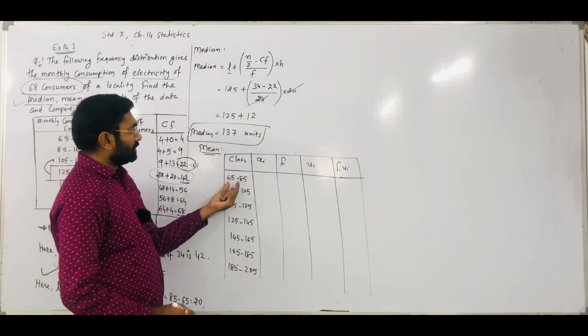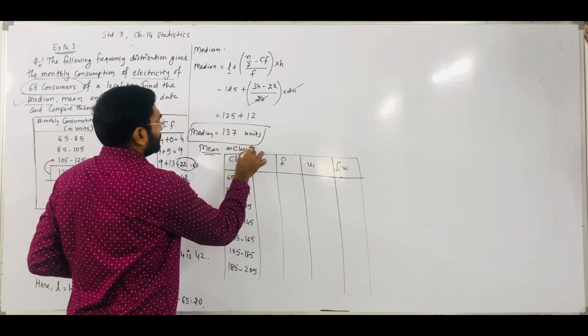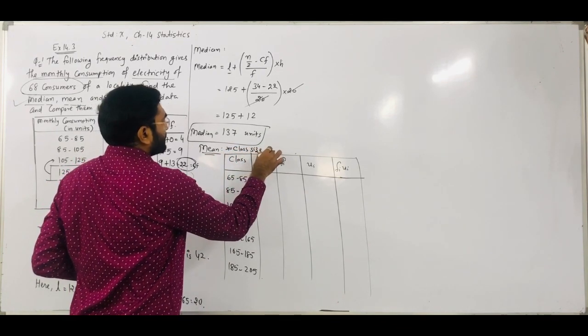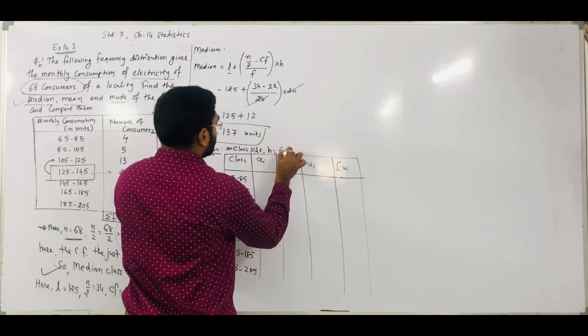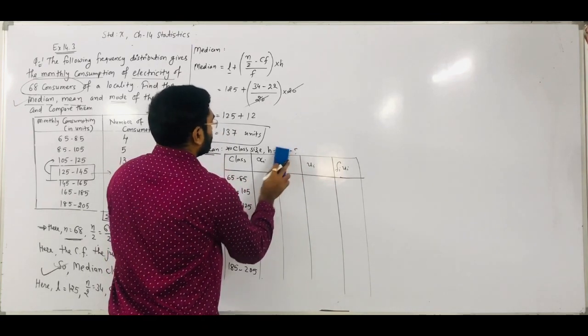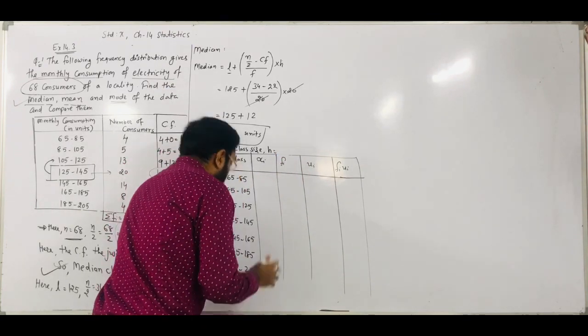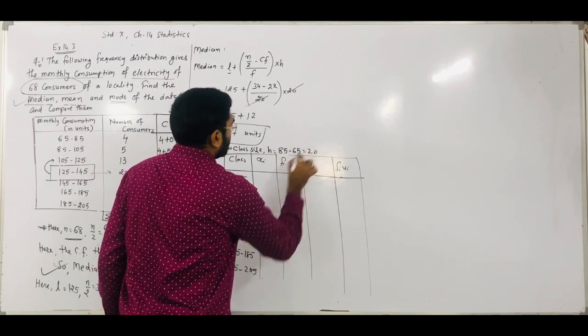How can we find the xi column? See, here we first define the class size, or you can say h. A continuous class is there, so from the first class you can define the class size: 85 minus 65. So we get 20.